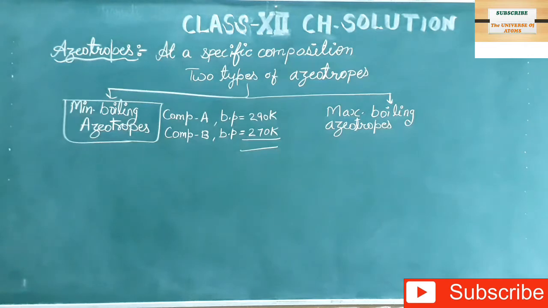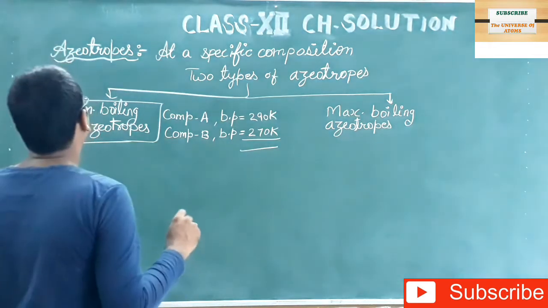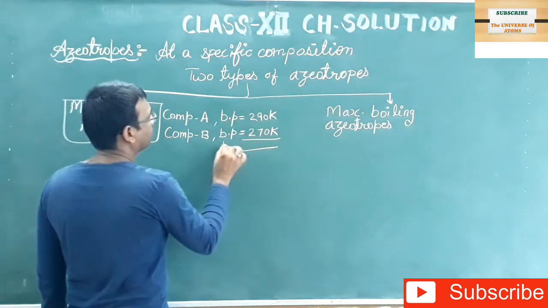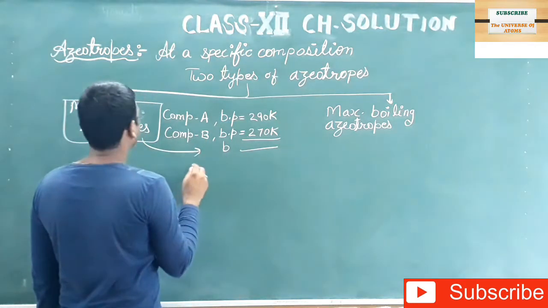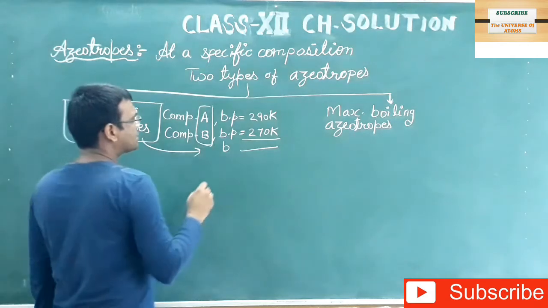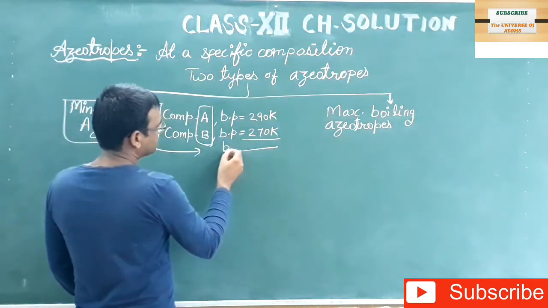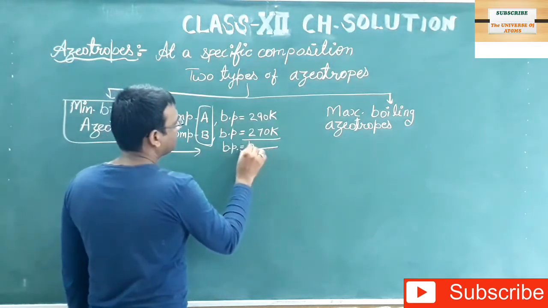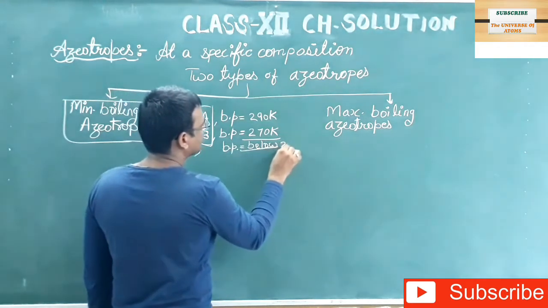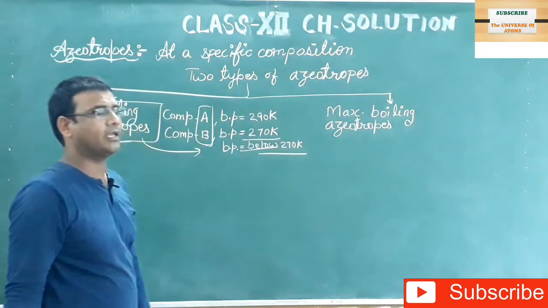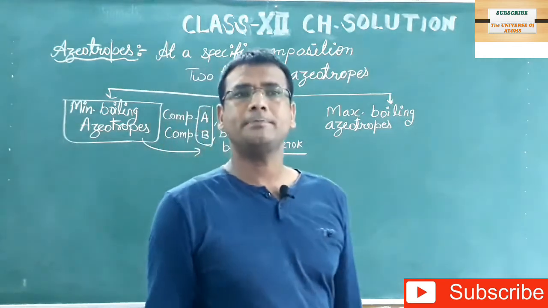So this is the concept of minimum boiling azeotrope. Below this one means the mixture of components A and B will start boiling below 270 K. What is the reason?